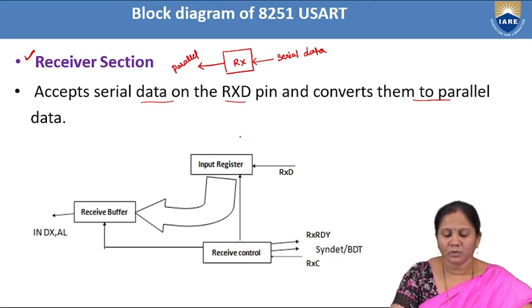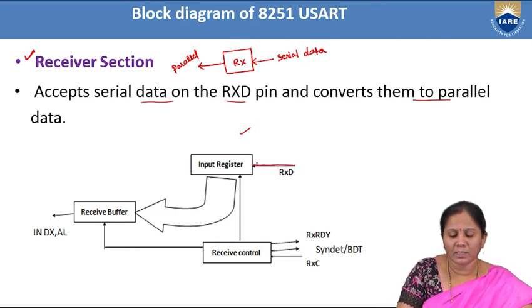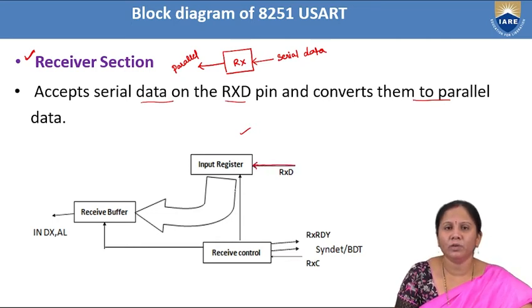And so this is the receiver section block diagram. Through this RxD signal, the receiver is going to receive the data, and this received data will be serial data.